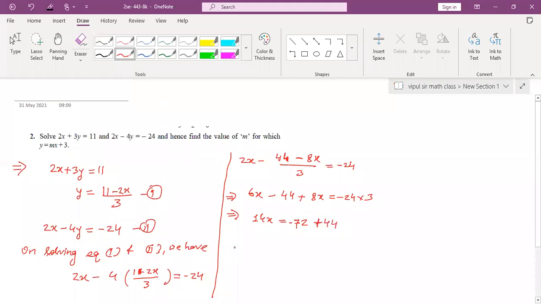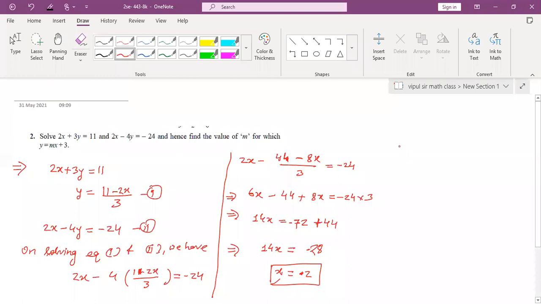It will be 14x is equal to minus 72 plus 44, which is minus 28. And therefore x is nothing but minus 28 upon 14, which is minus 2. The value of x is minus 2.